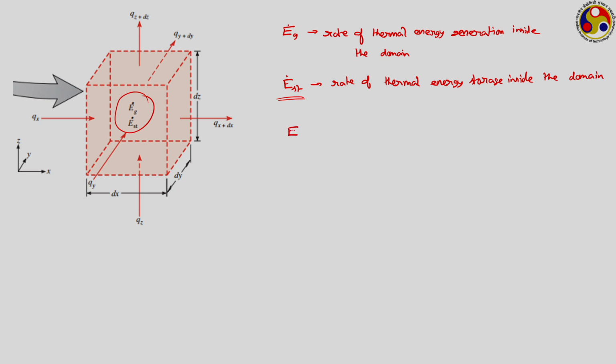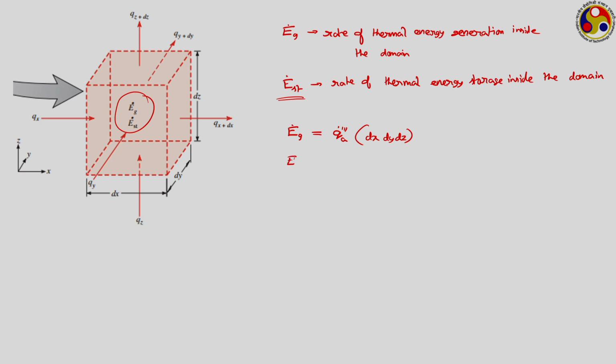Then E dot G will be just the volumetric rate: q dot G triple prime is nothing but the per unit volume value of the same quantity. Then the total rate of thermal energy generation will be q dot G triple prime multiplied by the volume of the block, dx dy dz.